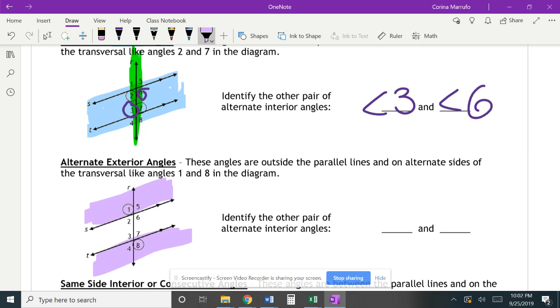And so angle 1 and angle 8 are both alternate because they're on opposite sides of the transversal, and then they are exterior. They are outside of the parallel lines. So then the other pair is going to be angle 5 with angle 4.